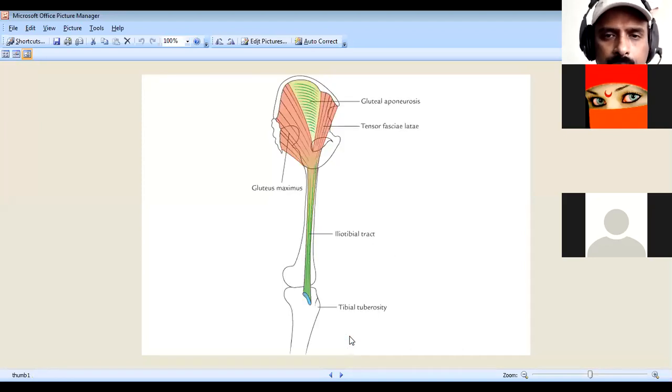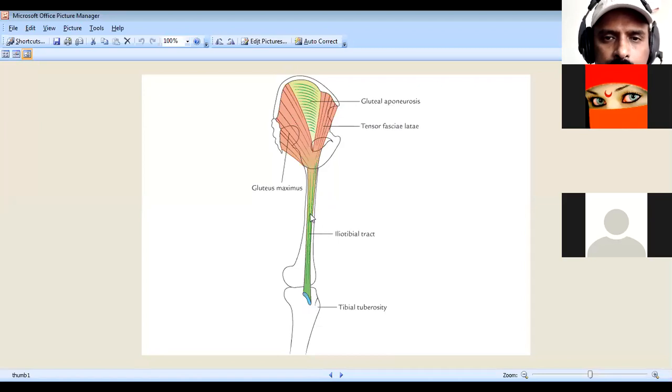For the iliotibial tract, remember ilium, the ilium of the hip bone, and tibial: the iliotibial tract runs from the ilium of the hip bone to the tibial condyle. It is attached to the tensor fasciae latae and part of the gluteus maximus.